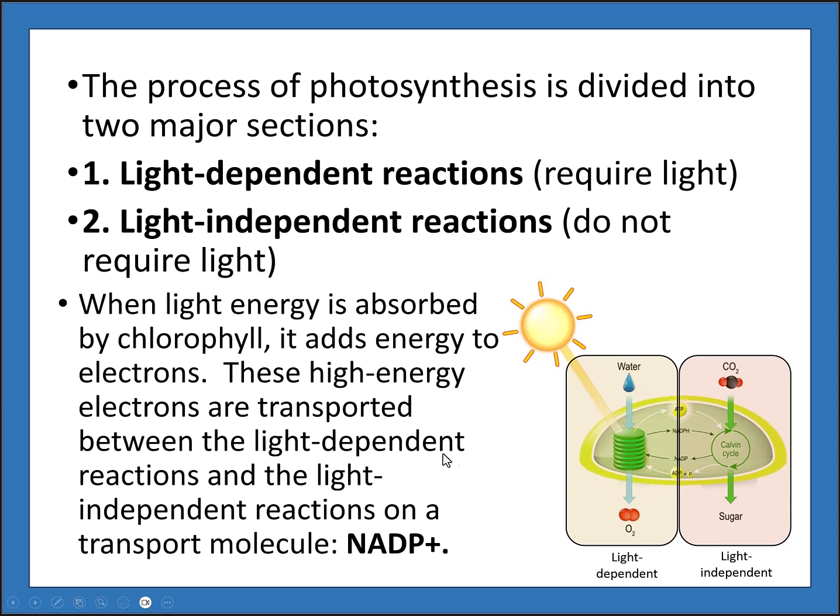So as an overview here, when light energy is absorbed by chlorophyll, which is what's happening here, it adds energy to electrons within that chlorophyll. And those high energy electrons are transported between the light-dependent reactions here and the light-independent reactions on a transport molecule, which is known as NADP+. And when those electrons are transported on NADP+, it is known as NADPH.